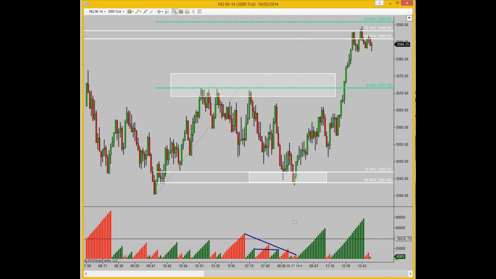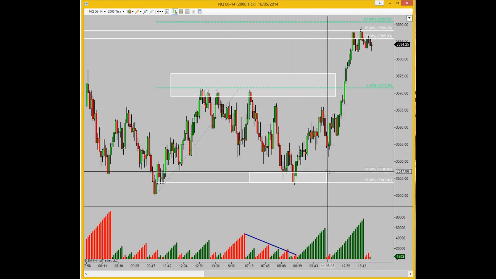But what drew my attention was that we were approaching my reversal zone, the extreme reversal, as I call it, and I saw no sellers at that point. That told me that this reversal zone would contain the falling prices, and ultimately it did.